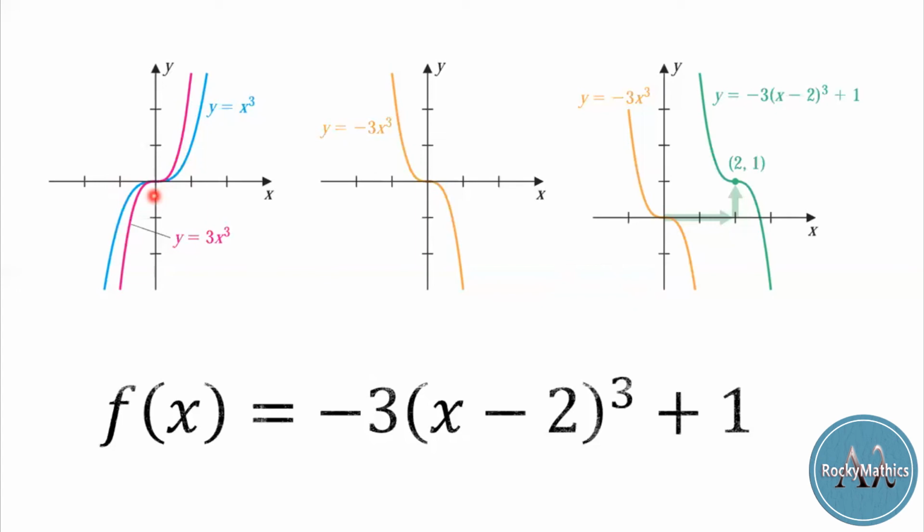Now, since there is a 3 here, all we have to do is multiply this 3 to the graph of x cubed, or to the y values of x cubed, right? So, what's the y value here? It's 1. What is the y value here? It's 0. What is the y value? It's -1.